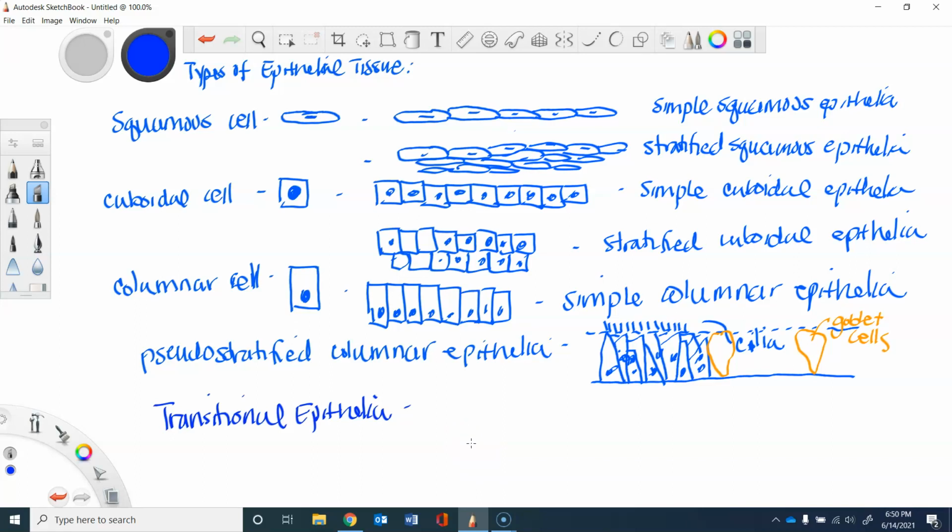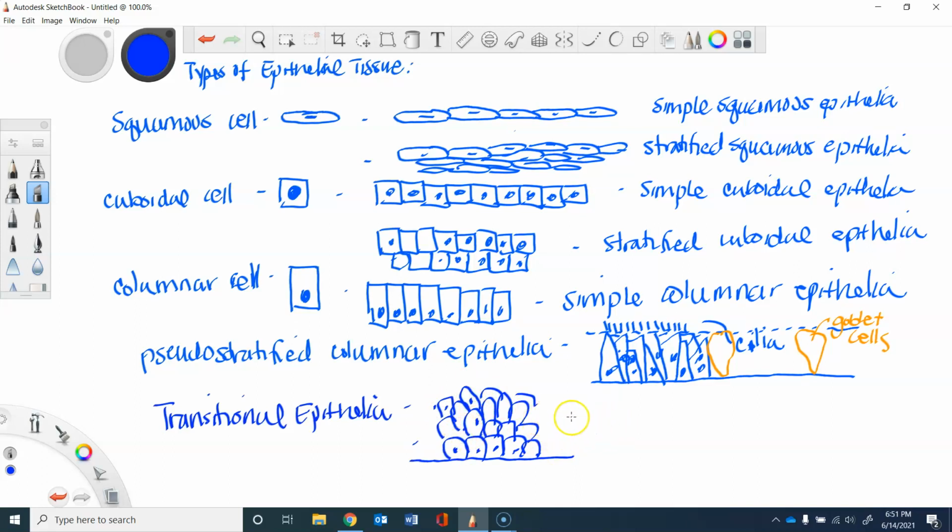They don't look like squamous cells. They don't really look like cuboidal cells. They look like little bubbly cells. So they look kind of like this. And they're layered on themselves, and as I said, they look real bubbly. So here's the basement membrane. And there's the apical space there.